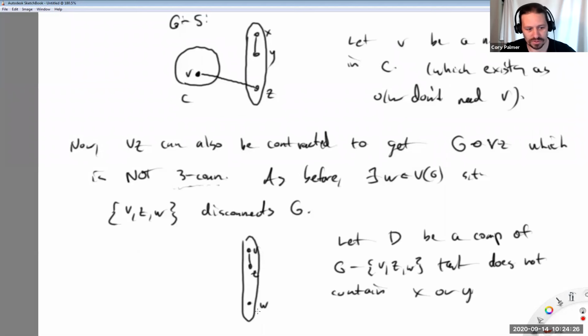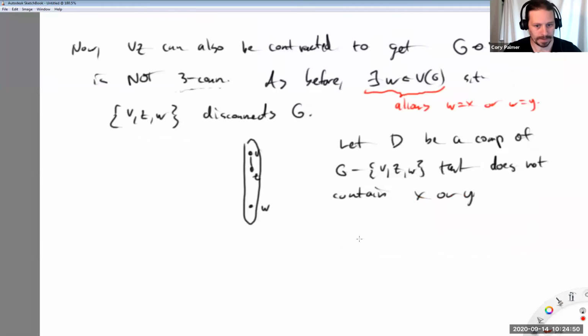It's possible that W equals X or Y, right? W is just some other vertex that's not V or Z whose removal disconnects the graph. It's possible that W equals X or Y. So maybe I should put it here. So W is in here, allowing W equals X or W equals Y. It doesn't cause any problems though.